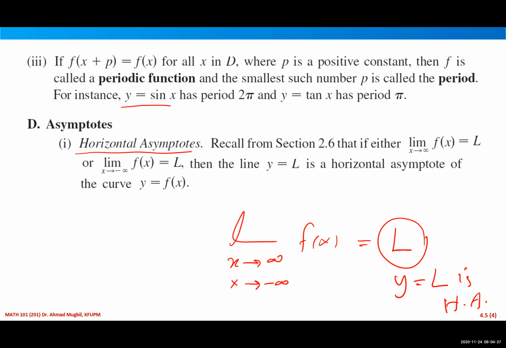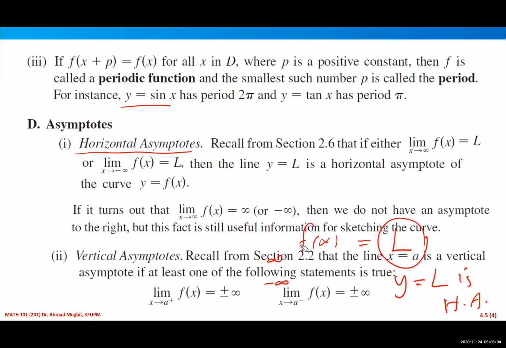Even if it is not L, by the way, it is helpful. If, for example, you got that f of x when x goes to infinity is infinity, this is also helpful information. This tells you that when x goes to the far right, the function will go far up. So this will also help you when you sketch the graph. You will have an idea about the end behavior of the function.